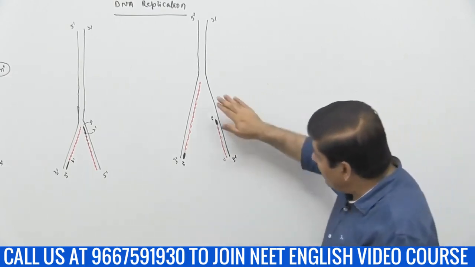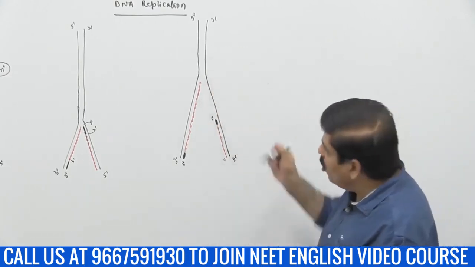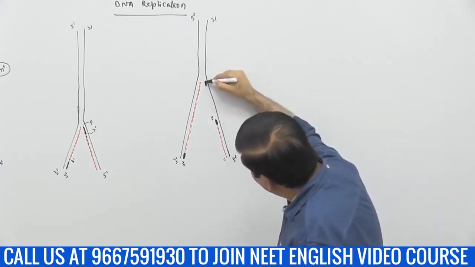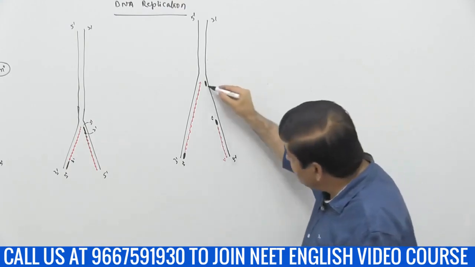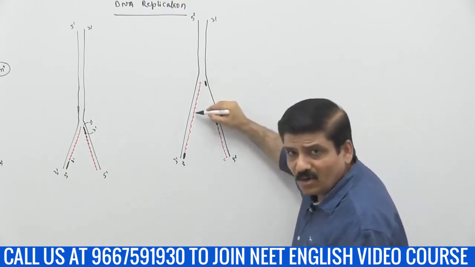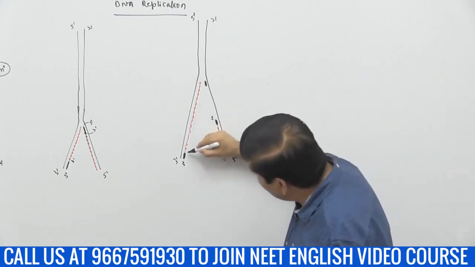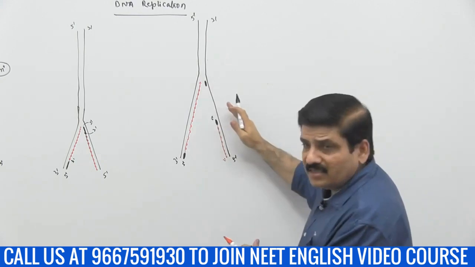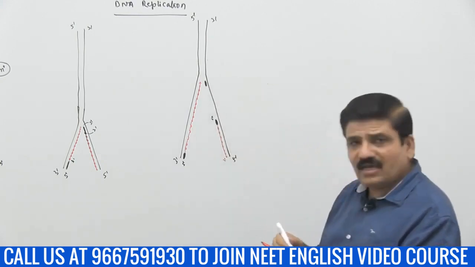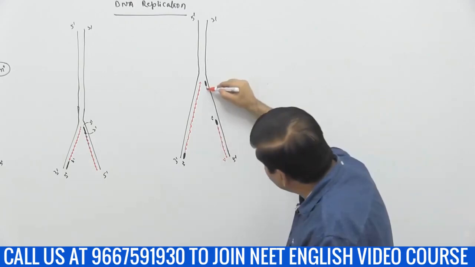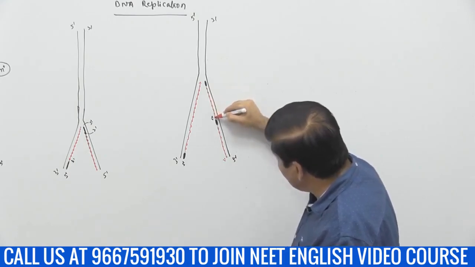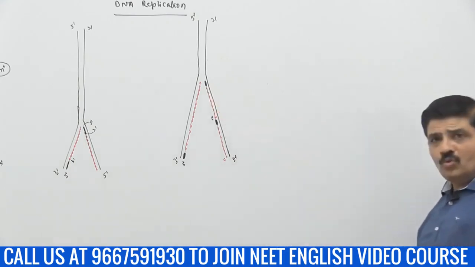But when it opens up further, again on this strand you will have to synthesize a primer segment. So this primer segment is not required on the strand that is being continuously synthesized. But on the other strand, we again synthesize a primer and then again extend the primer, keeping the directional sensitivity of DNA dependent DNA polymerase. I hope this is absolutely clear.